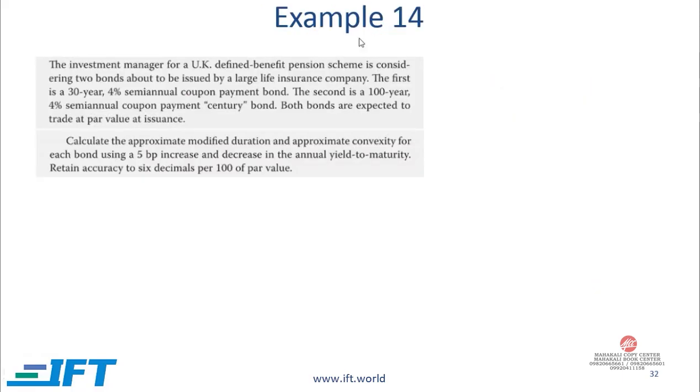Example 14 illustrates these points. It is fairly tedious, but everything that you see here is just a plug and play into the various formulas that we have discussed. We are given the basic information, and then we are asked to calculate approximate modified duration and approximate convexity for each bond.